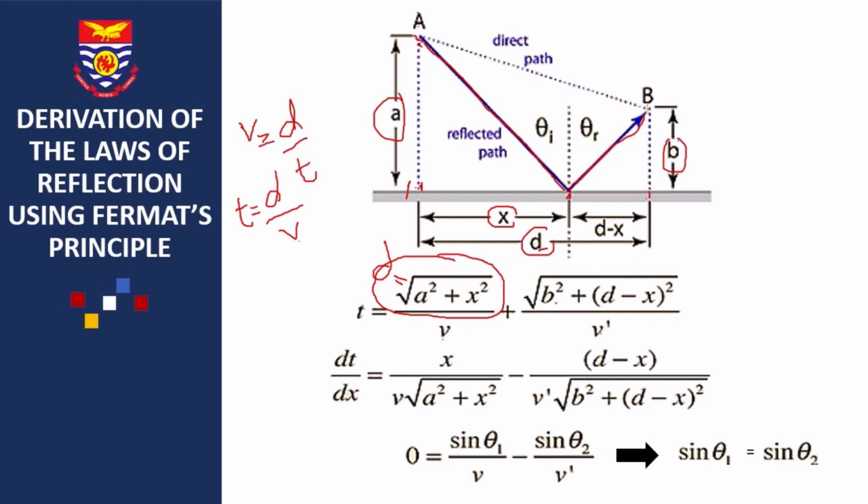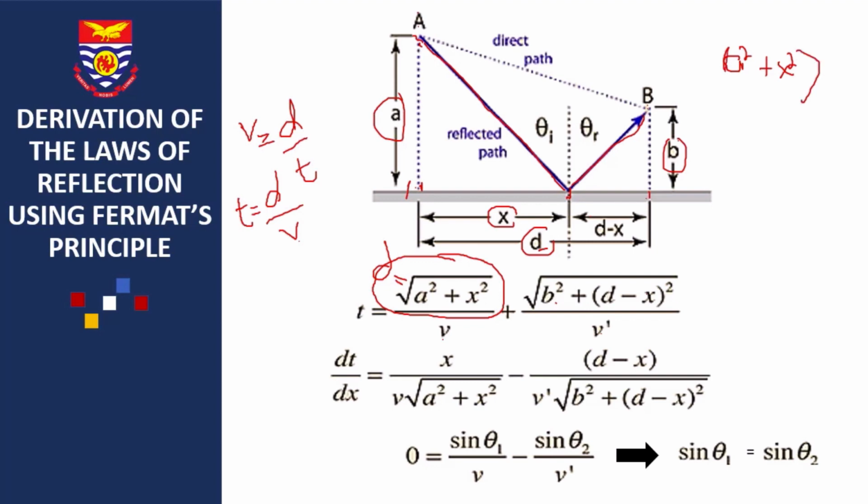Let's find the derivative of this time, which I know some of you are already familiar with. So finding the derivative of t with respect to x. The square root of a squared plus x squared can be presented here as a squared plus x squared to the power of 1 over 2.